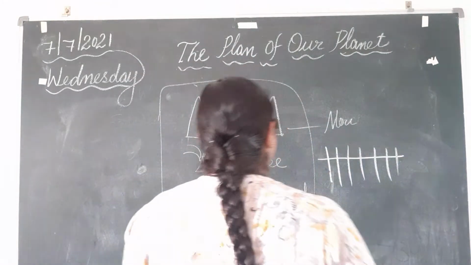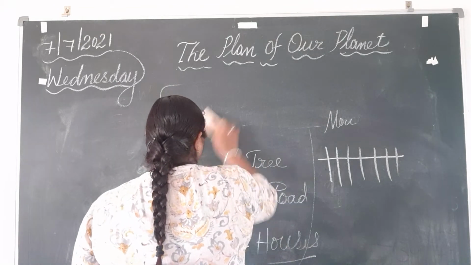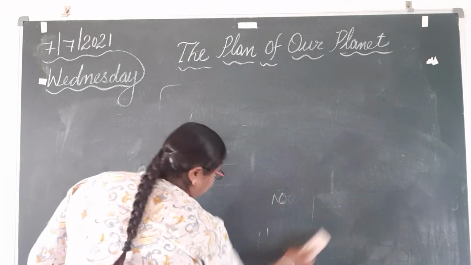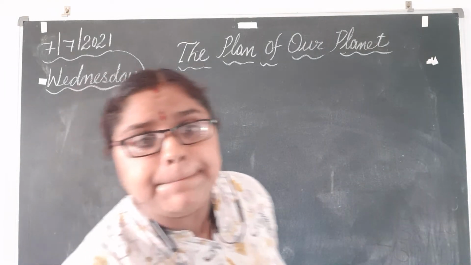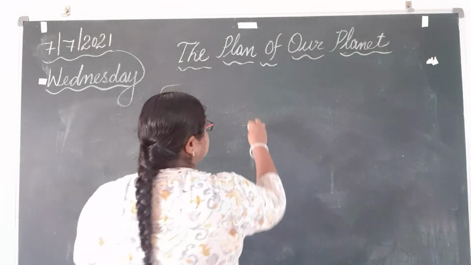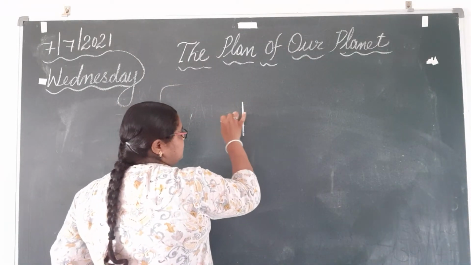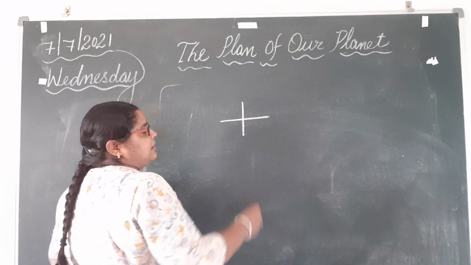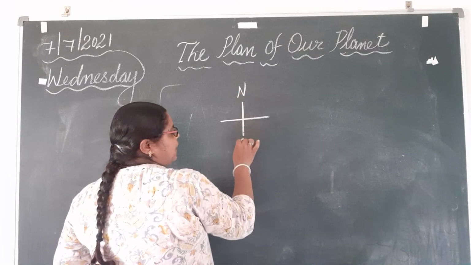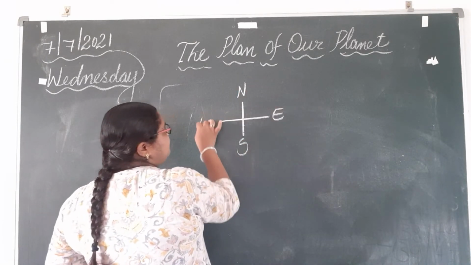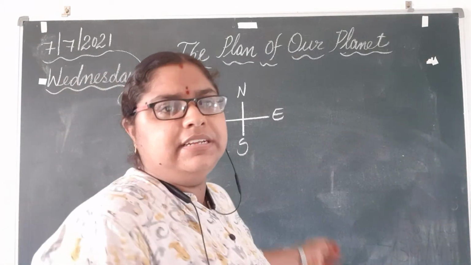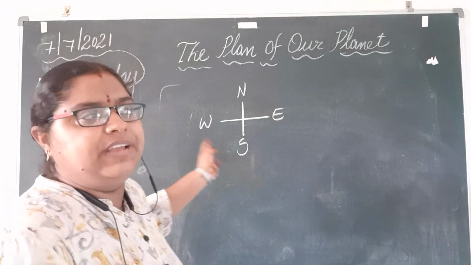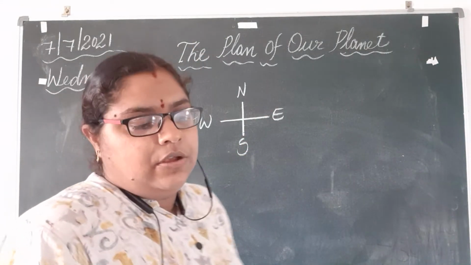What is a compass rose? This is a compass rose. This is north, south, east and west. By using this compass rose, we can understand where is north, south, east and west on the map.